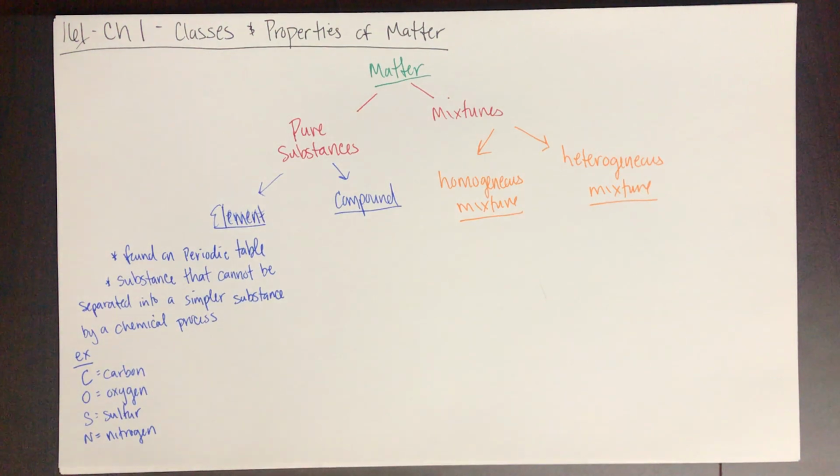Another type of pure substance is called a compound. A compound is composed of two or more elements that are chemically bonded together. They can be separated by chemical processes.